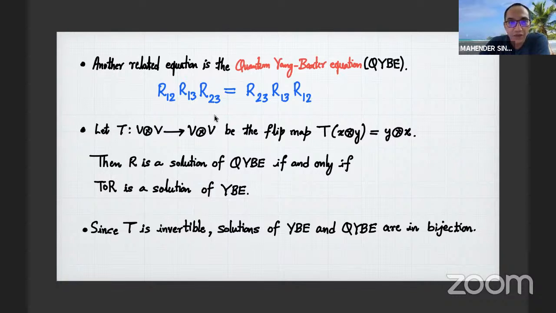So the Yang-Baxter equation is the one that gives you the braid equation; that's how we should remember it. Since T is invertible, there is a bijective correspondence between solutions of the quantum Yang-Baxter equation and solutions of the Yang-Baxter equation. Therefore one can concentrate on Yang-Baxter equations, because it looks closer to mathematics, since there is a braid equation.